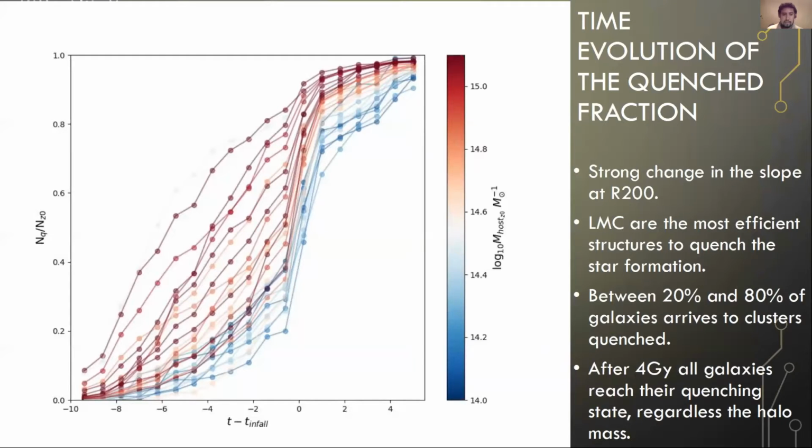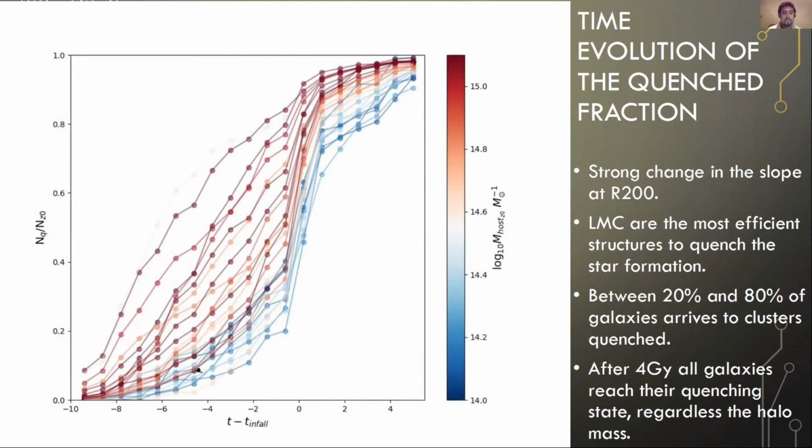If we characterize the evolution of the population as a function of their accretion time, we can see that around the moment when galaxies cross the virial radius of the cluster for the first time, the fraction of quenched galaxies grows dramatically. So in this plot, you can see how the fraction of quenched galaxies grows as a function of their accretion time.